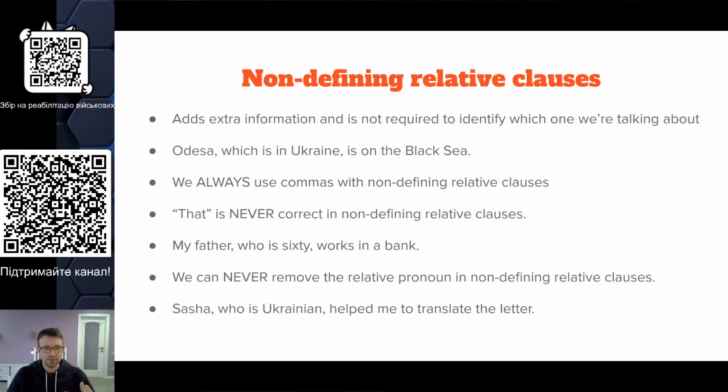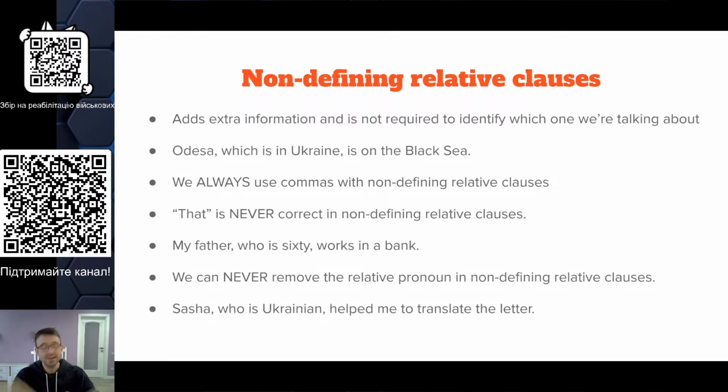So as we said before, a defining relative clause is one where the information is necessary. We need it to know which one we are talking about. It's like the example that we had before, like with the sentence, that's the woman who helped me. Here, if we don't have who helped me, we have that's the woman.